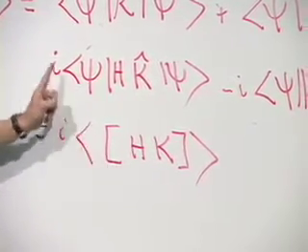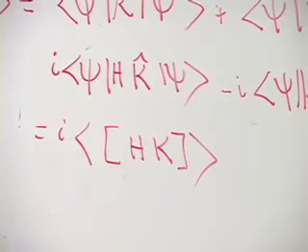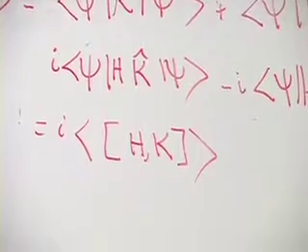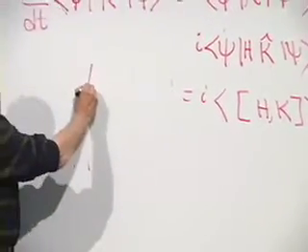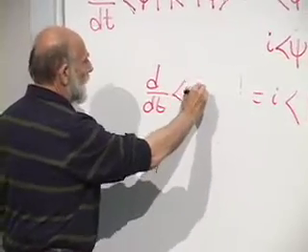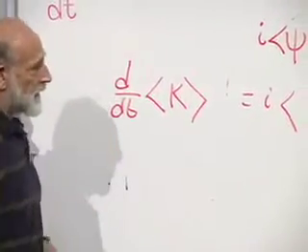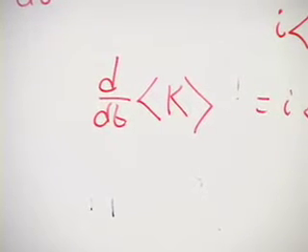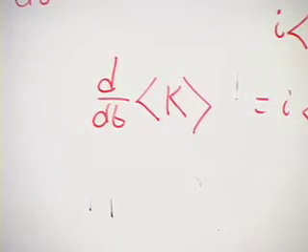I just indicate the expectation value of the commutator of H and K. That's the rule. In fact, let's just write this as the time derivative of the expectation value of K for any state. It doesn't matter what state we choose.